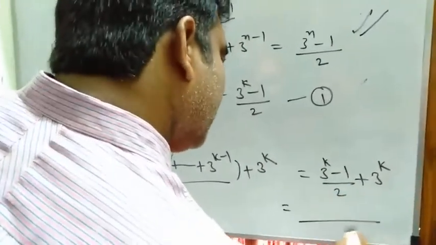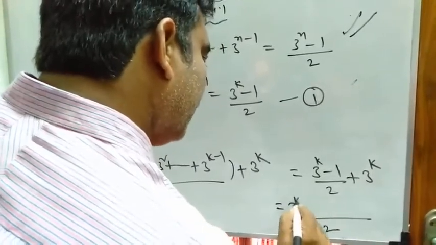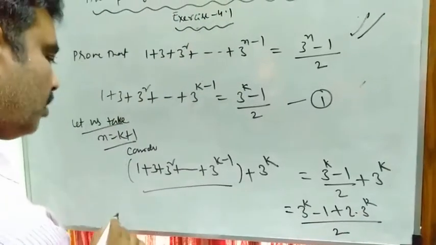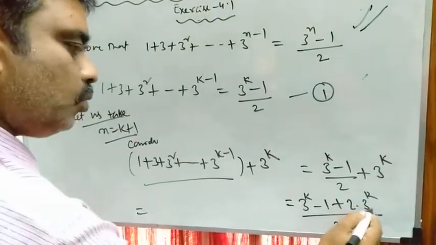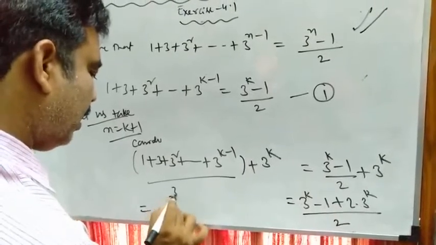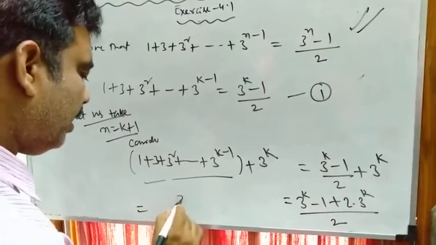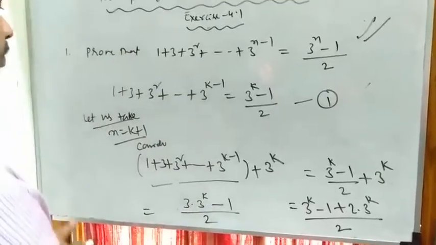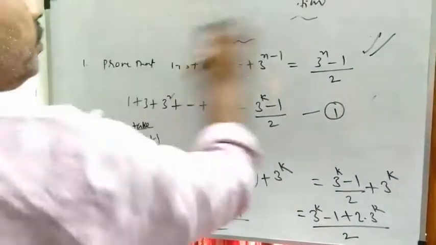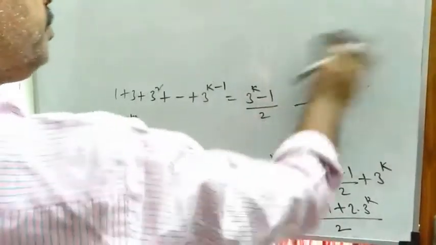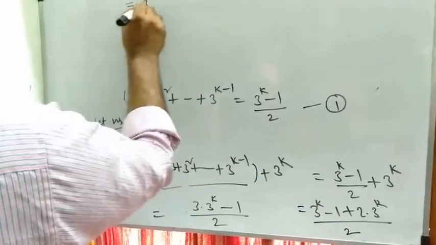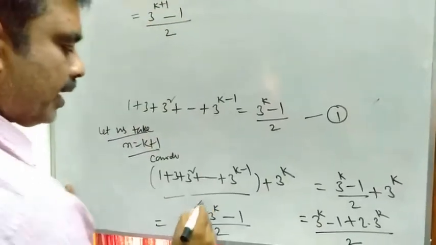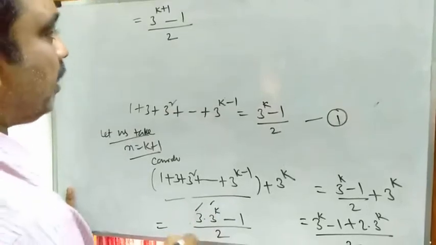On taking LCM 2, this is (3 power k minus 1 plus 2 times 3 power k) by 2, that is (3 times 3 power k minus 1) by 2. That is equal to (3 power k plus 1 minus 1) by 2, since 3 power k into 3 power 1 is 3 power k plus 1.